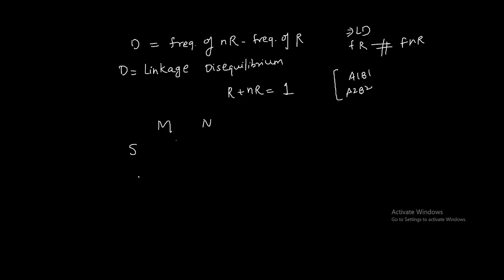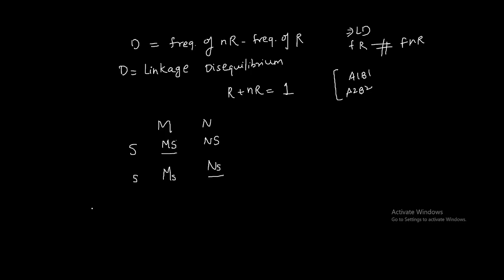So now MS, if you make the Punnett square, this is going to be NS, this is going to be equal to M and small s, and this is going to be equal to N and small s. So what are the parental types? This and this are going to be the parental types.